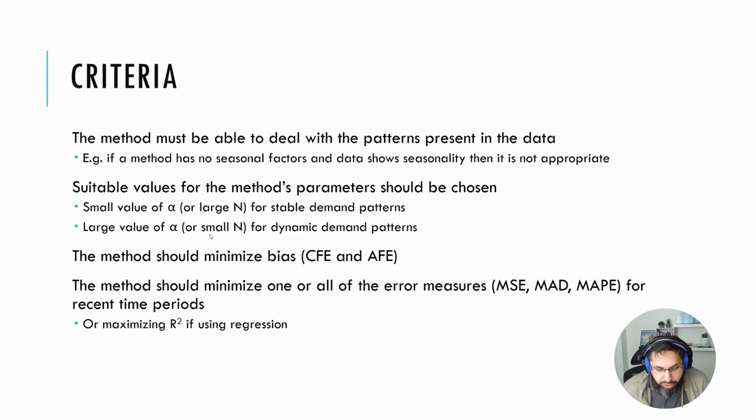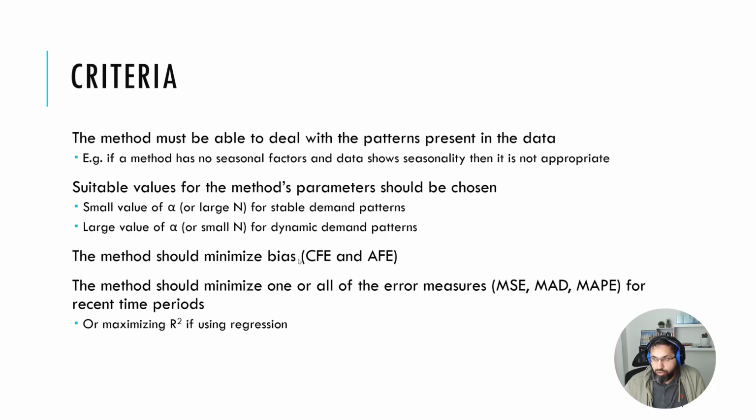Regression gives equal weight to each value. It's not like the Holt method, Holt-Winters, or exponential smoothing methods where the recent observations get higher weightage and old observations get low weight. In regression, all observations have equal weight, so you don't want to go back too far in time if you have dynamic data, where the patterns are changing.